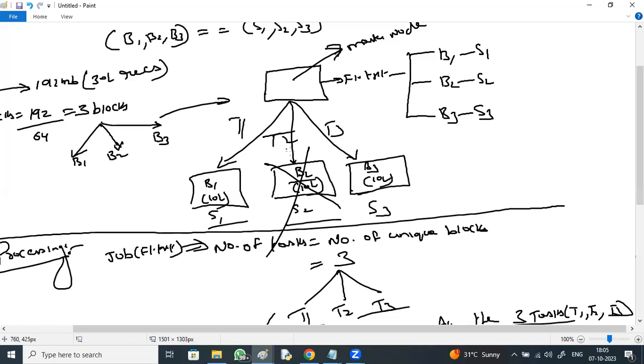If this particular slave is down, 10 lakh records are lost. Second is this T2 task is failed.